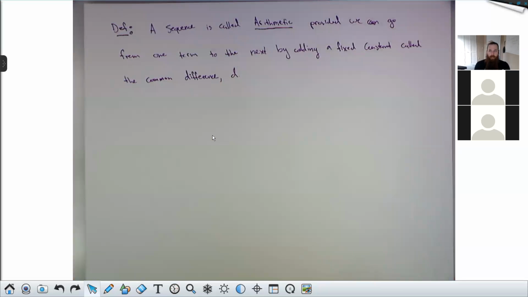So an arithmetic sequence is kind of the addition version of a geometric sequence. An arithmetic sequence is one where you go from one term to the next by adding a fixed constant.